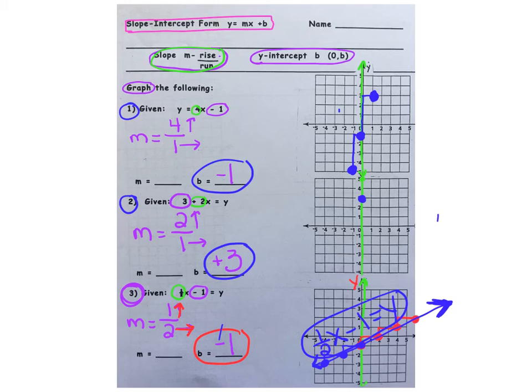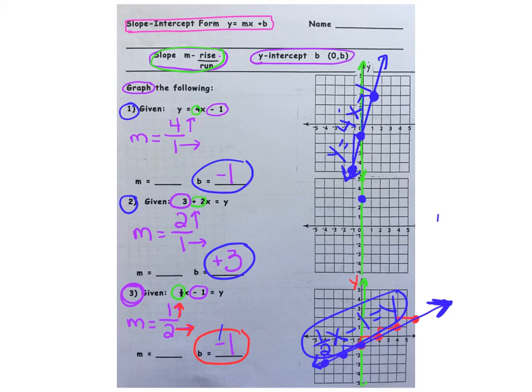Once you're ready, connect your points with a sweeping line. Make sure you place arrowheads on each end of the line. This is quite a steep pitch. And label the equation above or below the line.